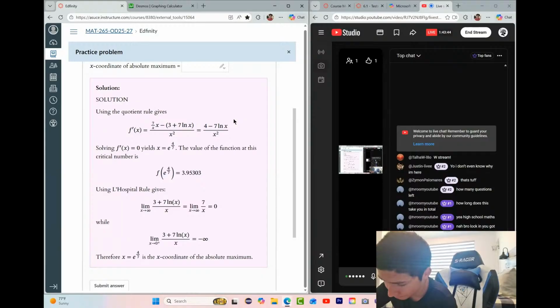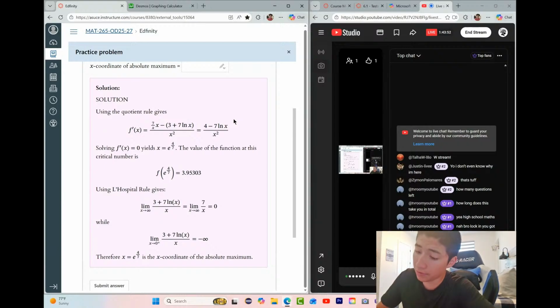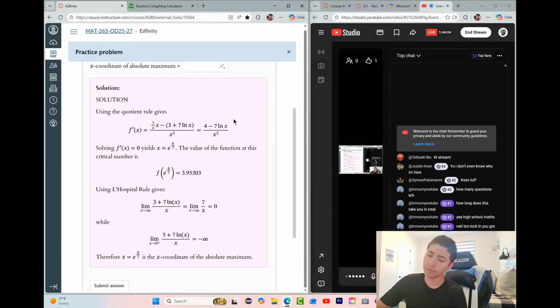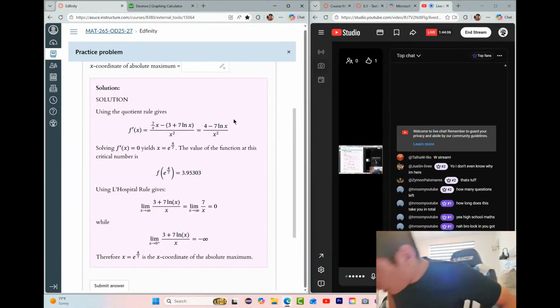No, sorry. Ln of x needs to equal 3 over 6. There we go. So if we have e to the power of 3 over 6, e raised to what power gives e to 3 over 6, or 1/2?